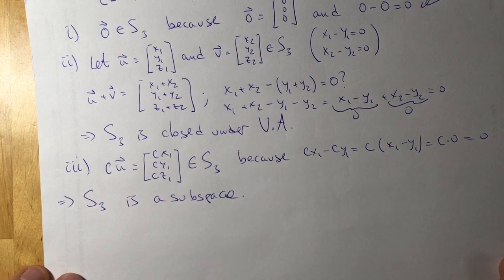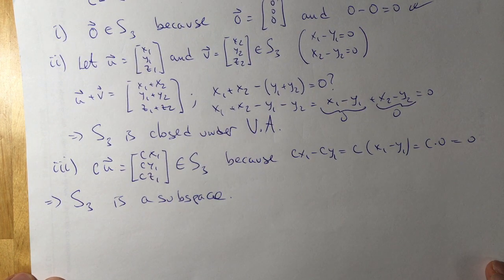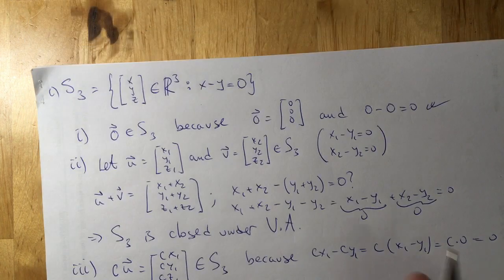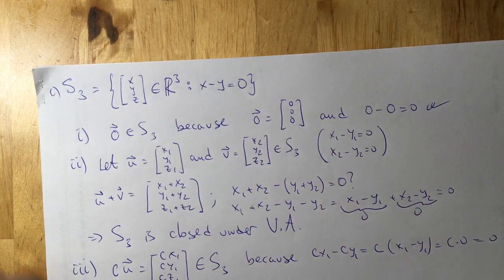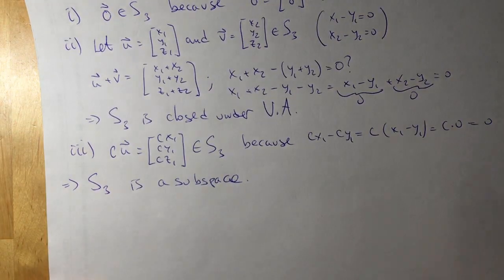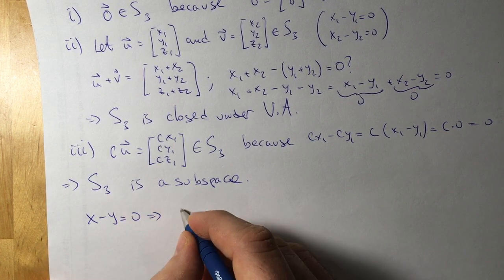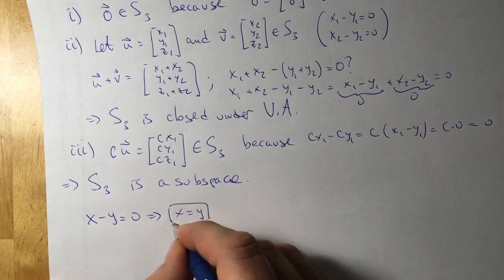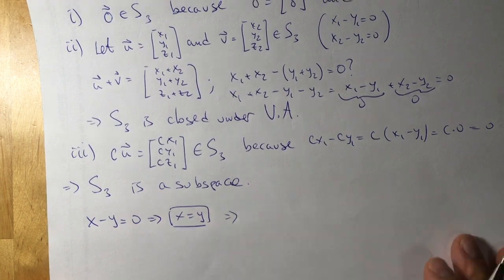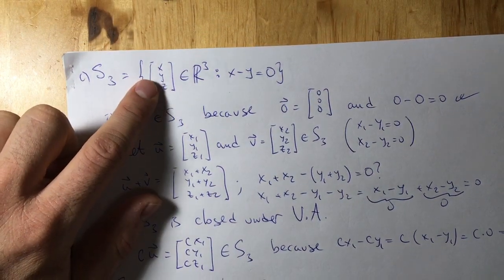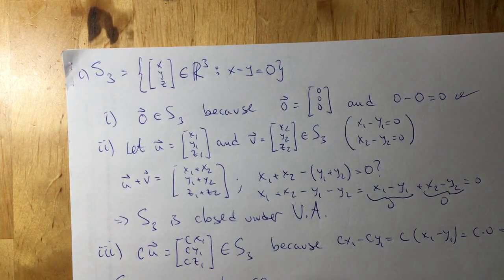And how are we going to figure out its dimension or the basis? Well, if you look at the condition x minus y is equal to 0, that means nothing else but the first two entries are the same. Go back to the most general vector (x, y, z) in R3. That's equal to (x, x, z), because y is equal to x.